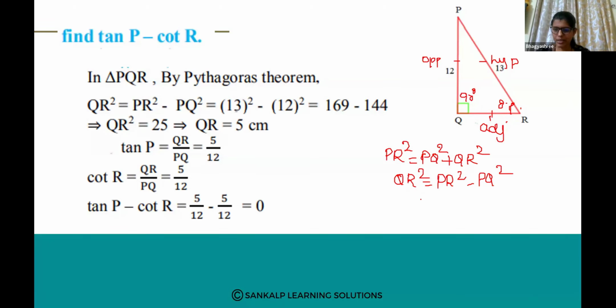PR is 13, so 13 square minus PQ square, PQ square is 12 square. 13 square is 169 minus 144, which is 25. So QR square is 25, so QR is square root of 25, which is 5. That means the adjacent side is 5 centimeter or 5 units.